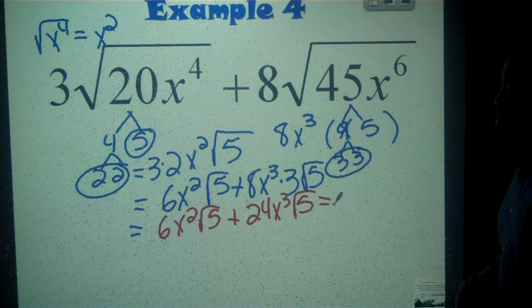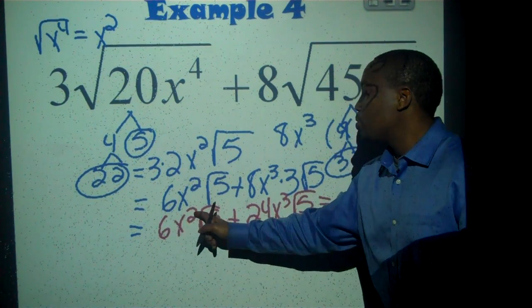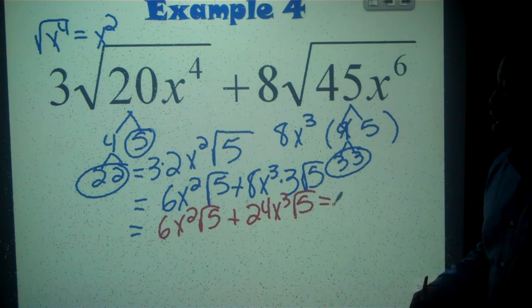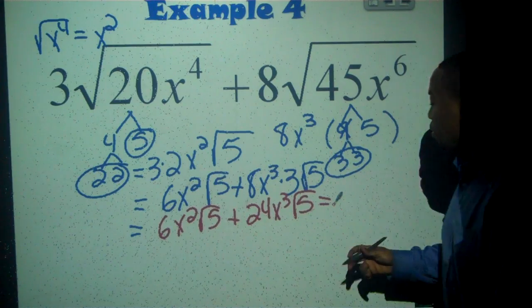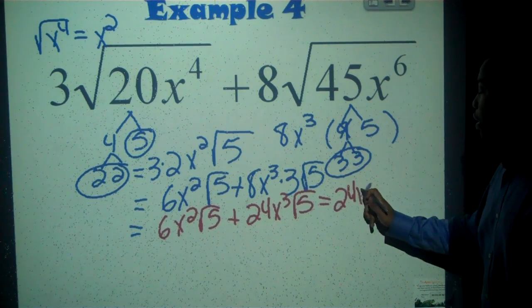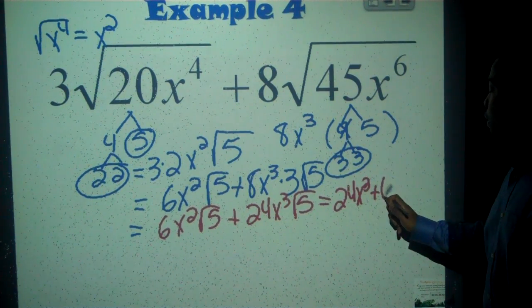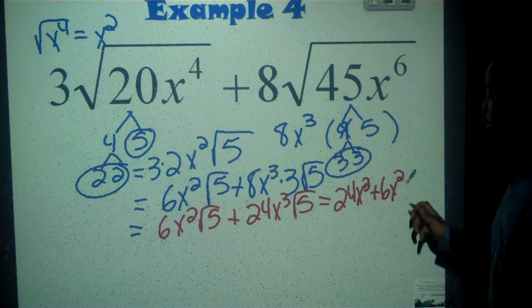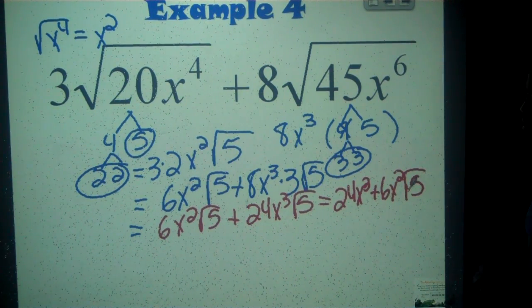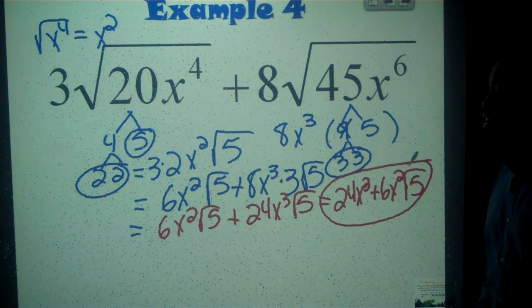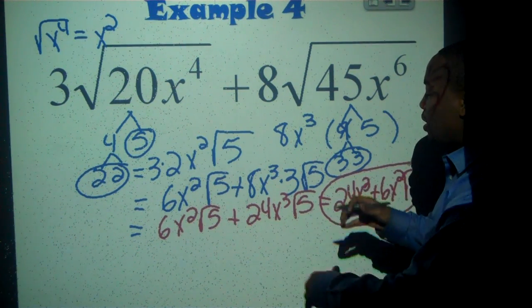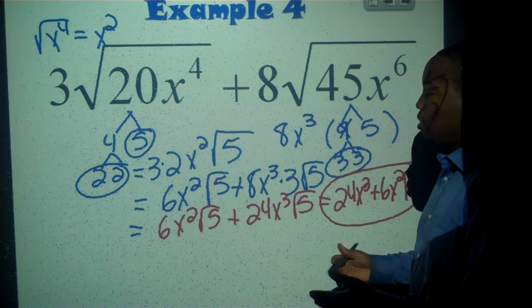I'm going to go ahead and put it in standard form like we've been doing before. So 24x to the third root 5 plus 6x squared root 5. And here's our answer. Kind of complicated, but it pieces together everything we've been doing, so it should make perfect sense.